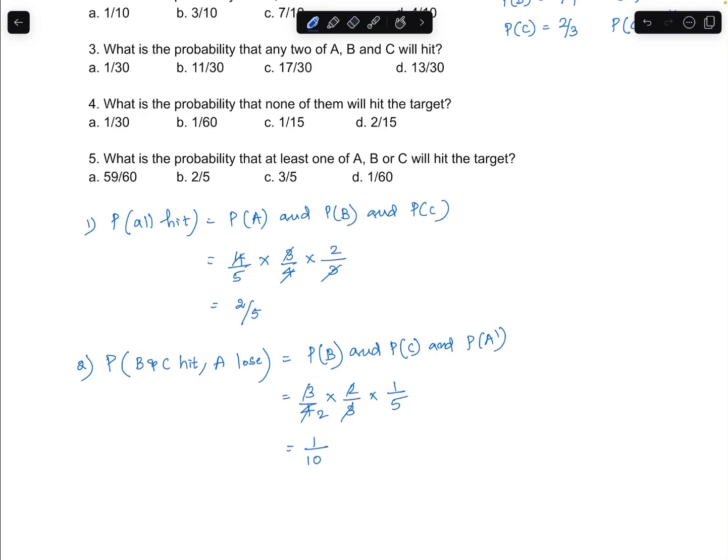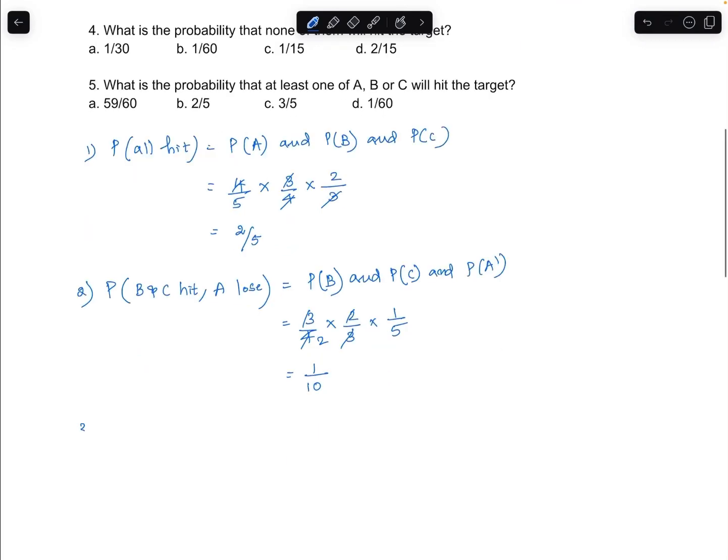Question number 3. What is the probability that any two of ABC will hit? So P of any two of ABC will hit is equal to P of A into P of B. In the first case, A and B hit and C does not hit.